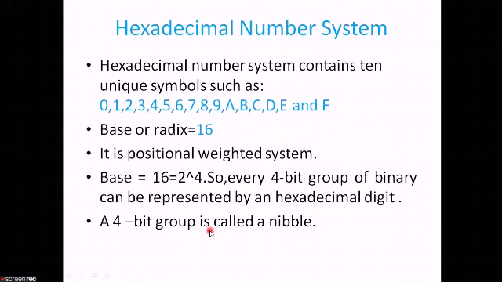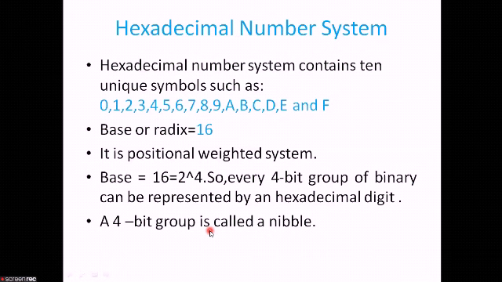Since computer words come in 8 bits, 16 bits and 32 bits and so on, that is the multiples of 4, they can be easily represented in hexadecimal. So these are the advantages of the hexadecimal number system. It is particularly useful for human communication with computers.